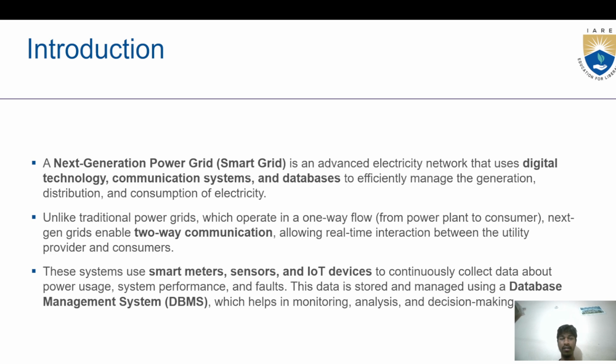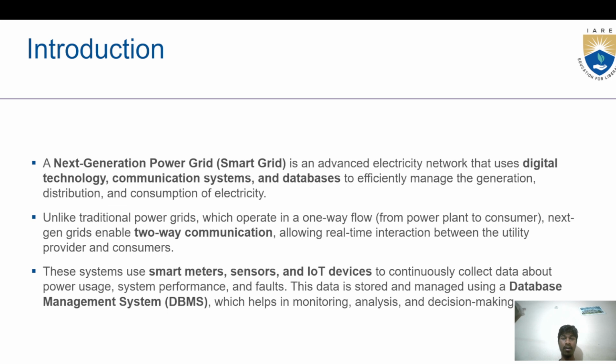The next generation power grid, also known as smart grid, is an advanced electricity network that we are going to use in the near future. It is totally equipped with digital technologies instead of hardware like wires. Through this next-gen power grid, we can communicate very fast and store the values in the database to efficiently manage the power grid.